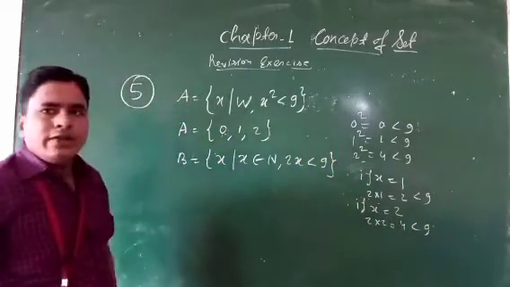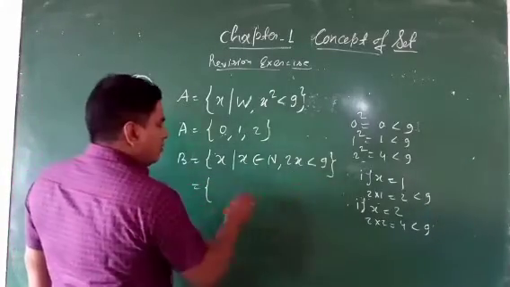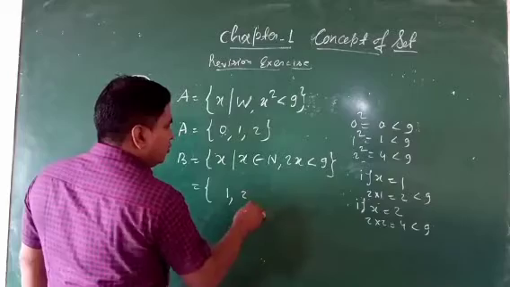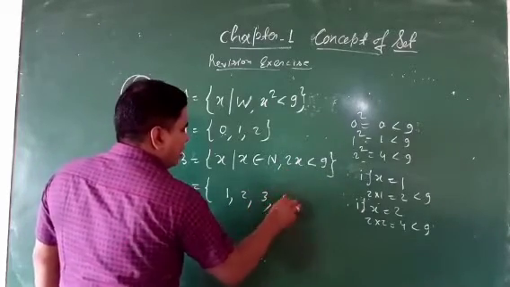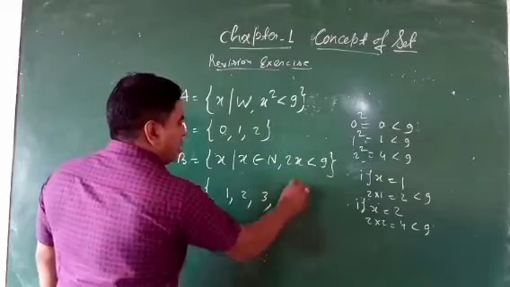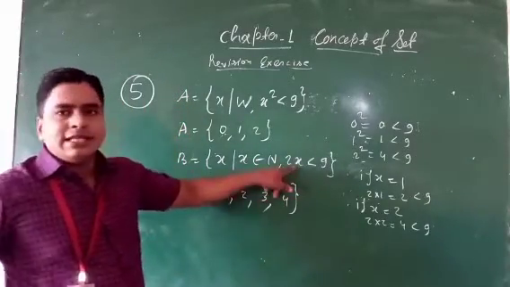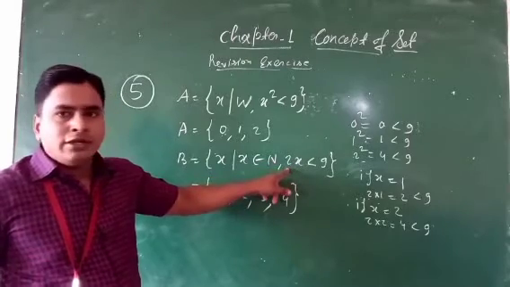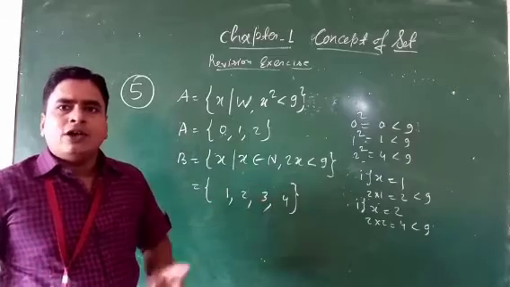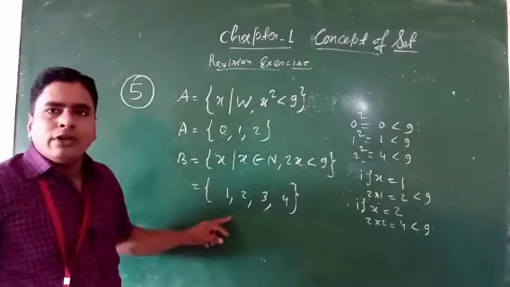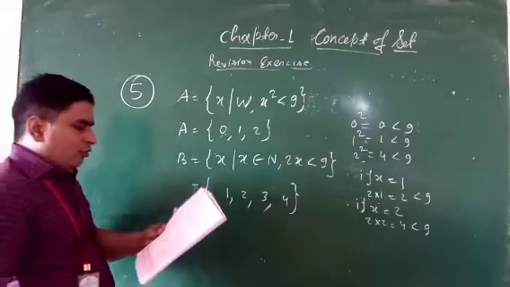In the same way, 3 gives 6, 4 gives 8, but 5 gives 10, which is not less than 9. So only 1, 2, 3 and 4, four elements, are there. Clear?